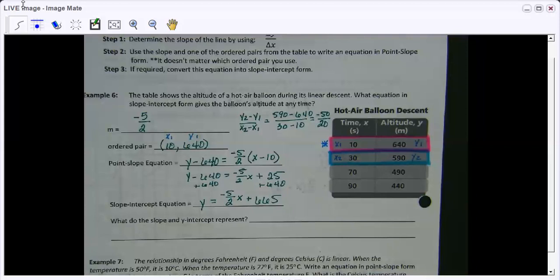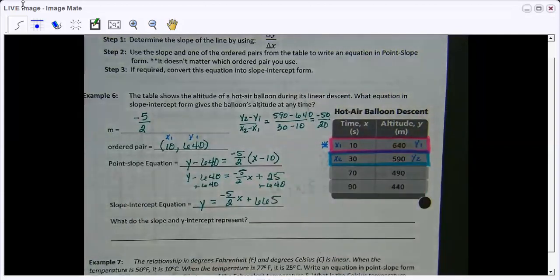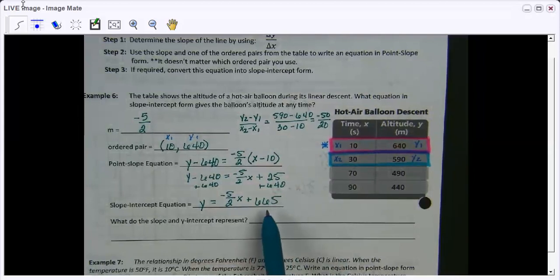That's what we're trying to figure out, in relation to this real world situation, not comparing X and Y, but time and altitude. So 665 is where the hot air balloon begins its descent. Okay. And -5 halves represents how fast it is descending.